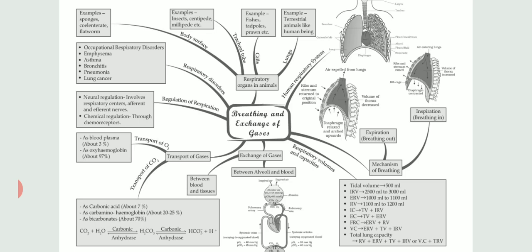Hemoglobin is a very important pigment present in the red blood cells, how it takes in and binds with oxygen, makes complex compounds and delivers the oxygen to each and every body organ. And similarly, carbon dioxide dissolves in water and it makes bicarbonate ions and so on.